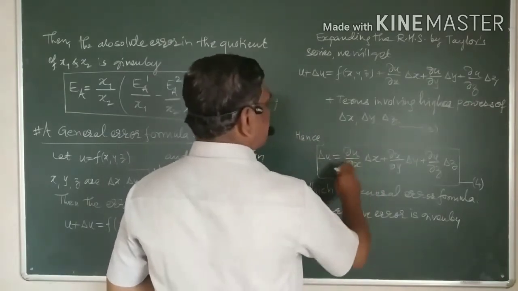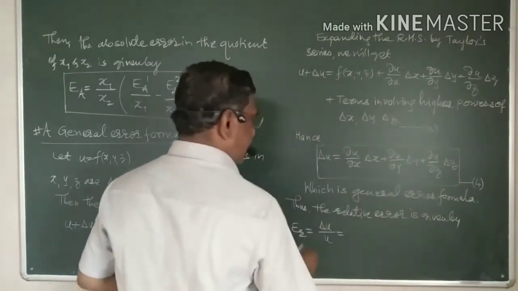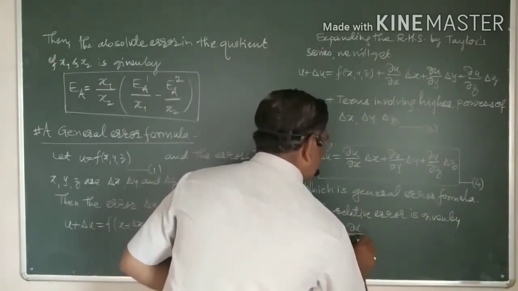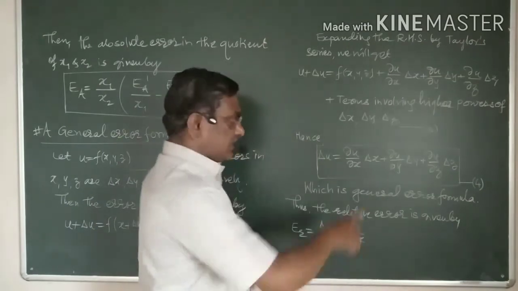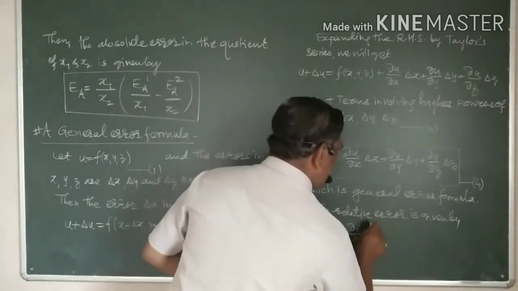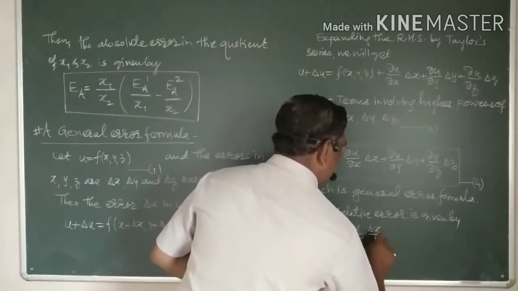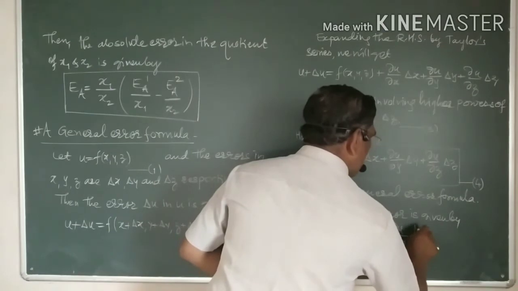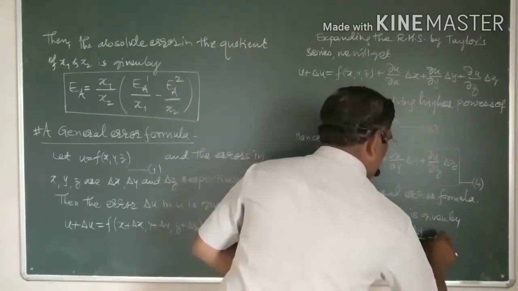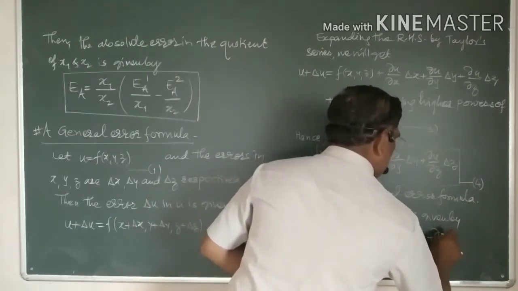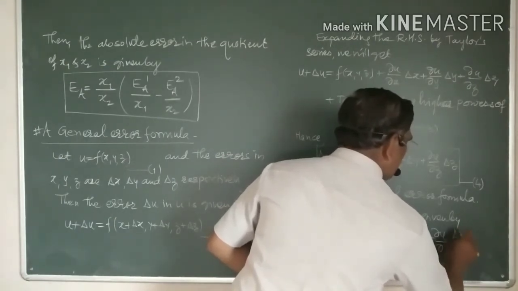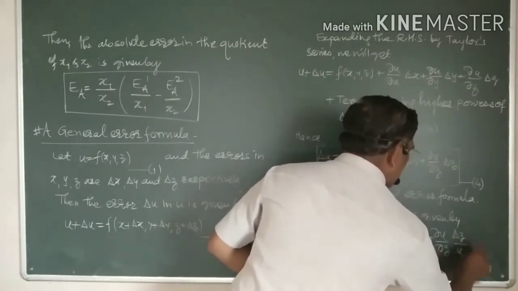Del u is this, and therefore you divide all of this by u. Hence, it is nothing but del u by del x into del x upon u, plus del u by del y into del y upon u, plus del u by del z into del z upon u.